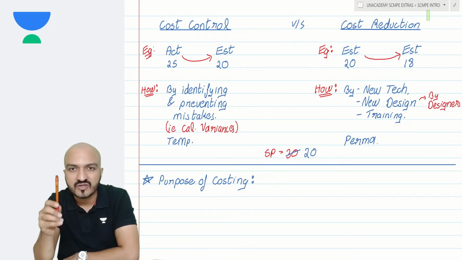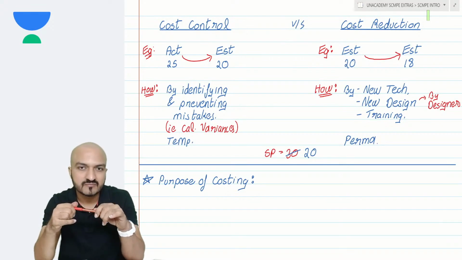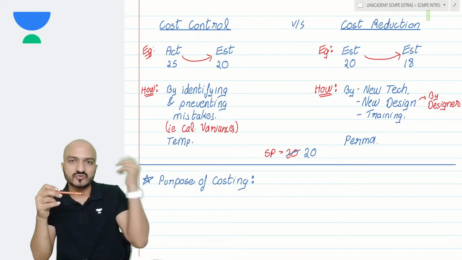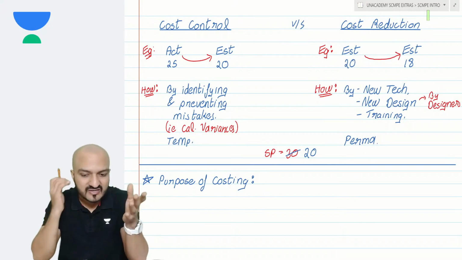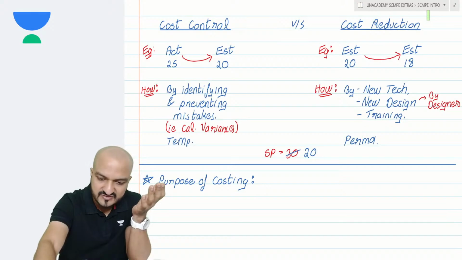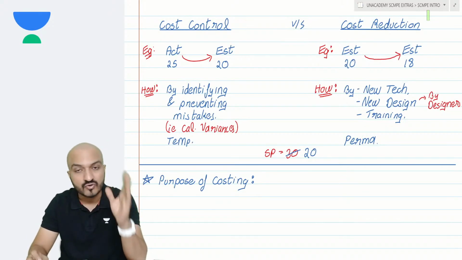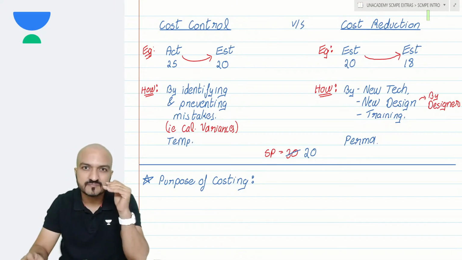Exactly. So you have to give some suggestions to the designer. I told the designer that you create a design which will save material. Otherwise, he will create a design which will save labor. I have to tell him that labor is anyways not a big cost. I have to tell him that labor is anyways not very expensive. So I am getting cheap labor. Don't worry about labor. You get me a product which has cheaper material cost.